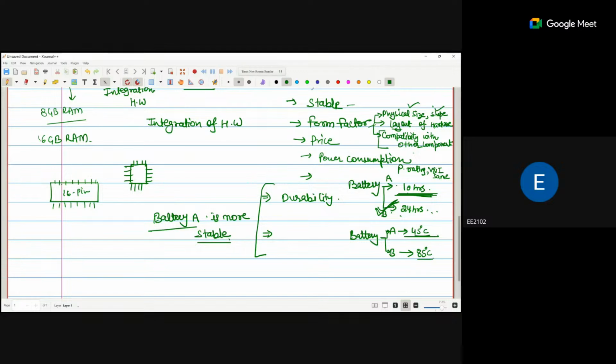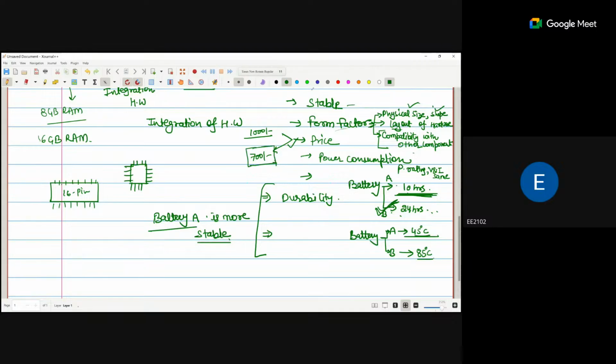On the basis of this, we define one factor that is called the form factor. Okay. Third is the price. Price is also important because there is a lot of competition in the market. You provide one product at 1,000 rupees that does the same work, but another company provides the same product at 700 rupees.